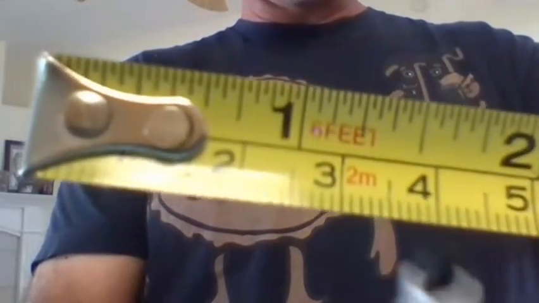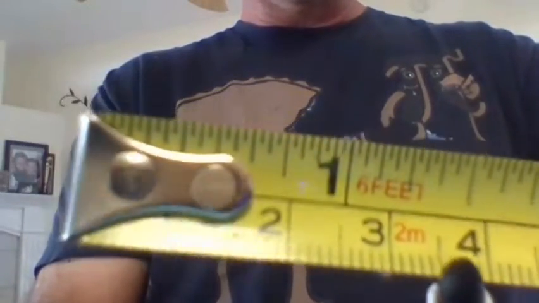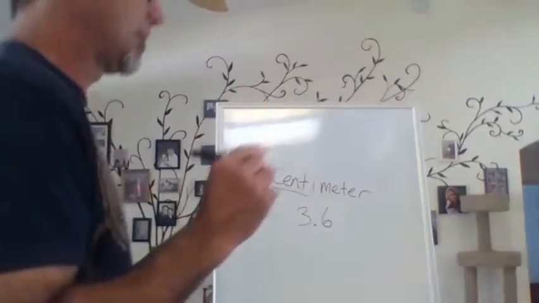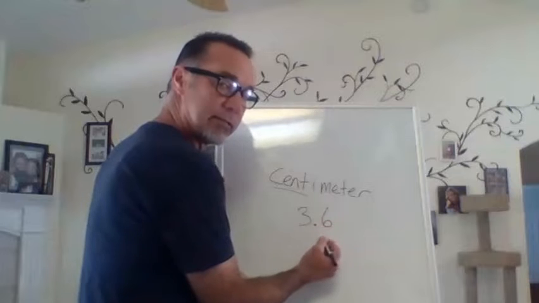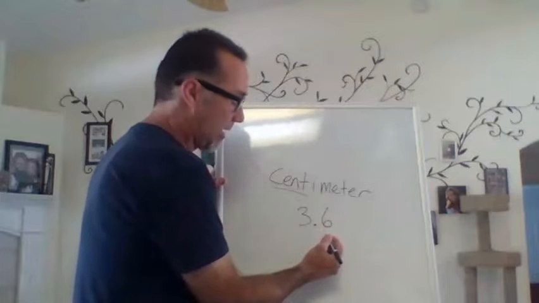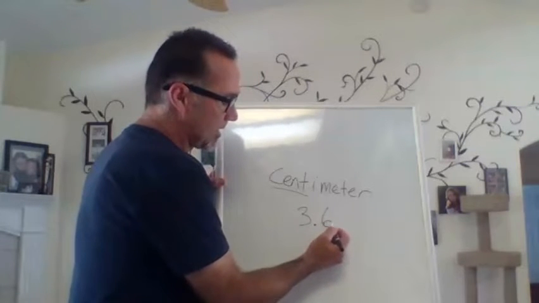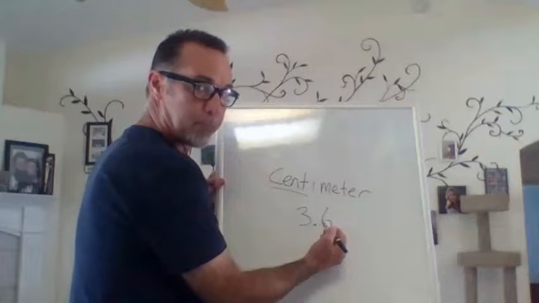So we're looking at right in here. 3.6, now you gotta ask yourself, what is 0.6 as a place value? It's 6/10, right? That's because this part is a millimeter.